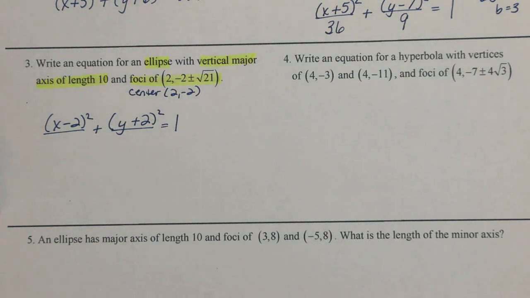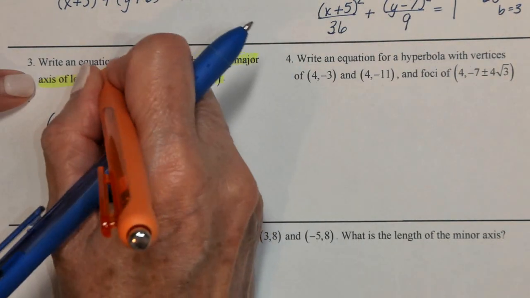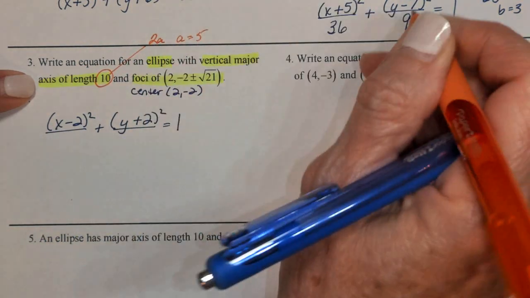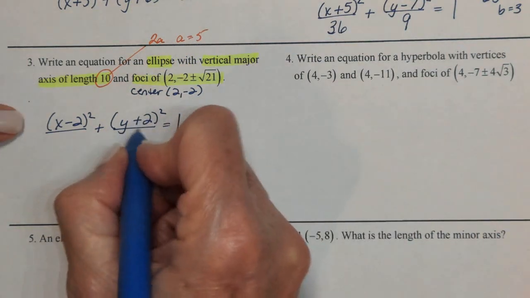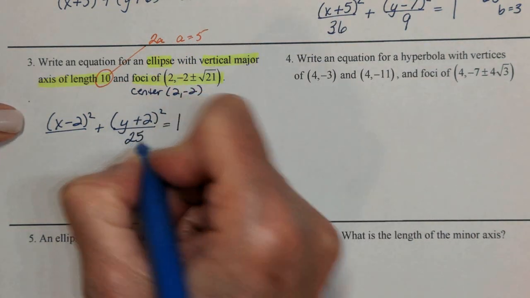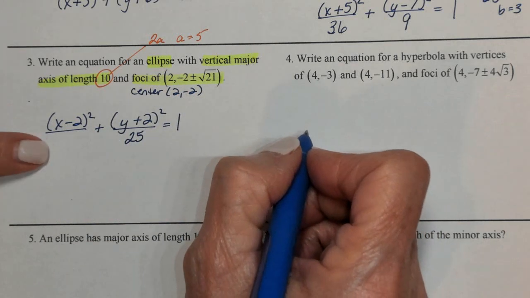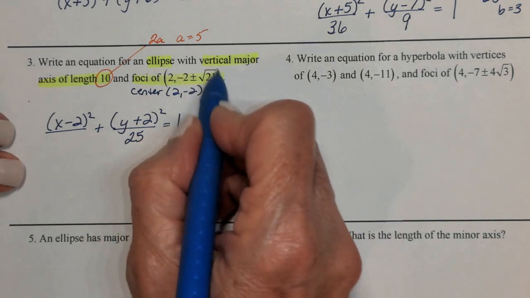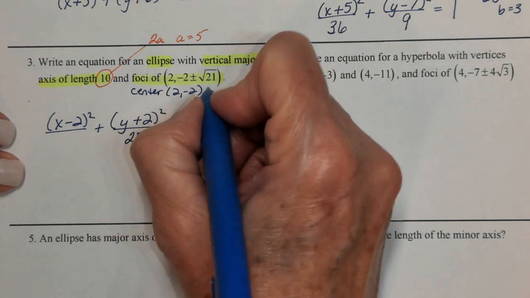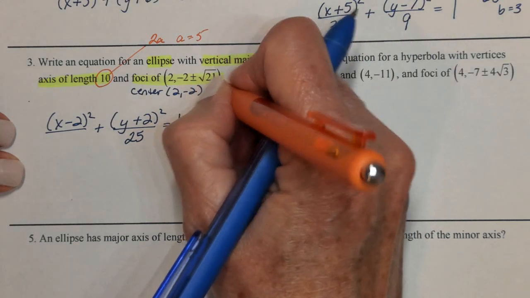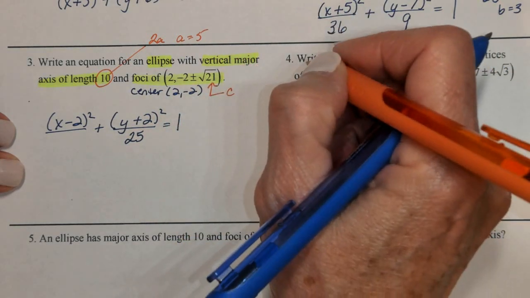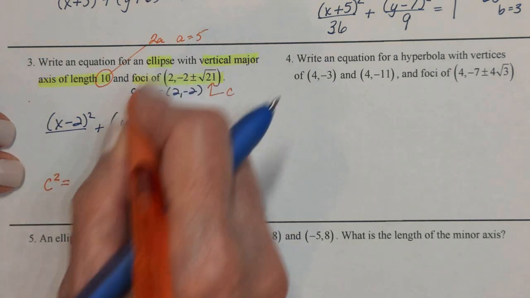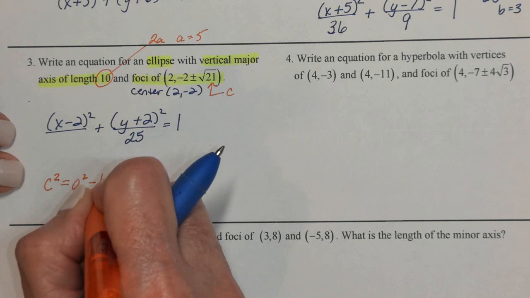Okay, vertical major axis of length 10, that is 2a. So a is 5 and it is vertical. So underneath the y's, I have 25. Now to get underneath the x's, I'm going to need to use the square root of 21. That is our little c, right? So c squared for an ellipse is equal to a squared minus b squared.